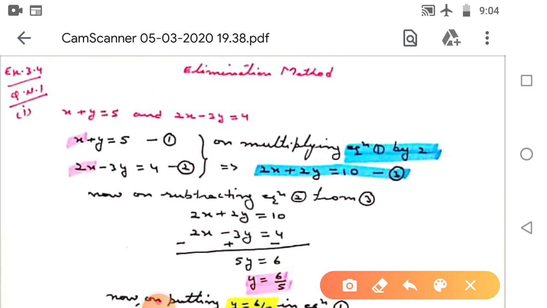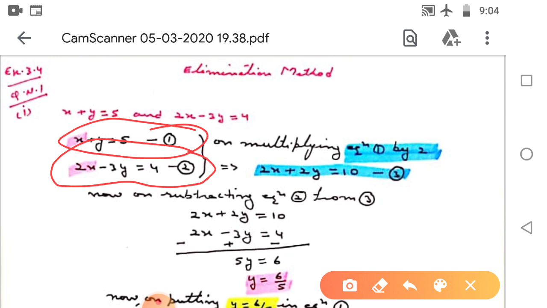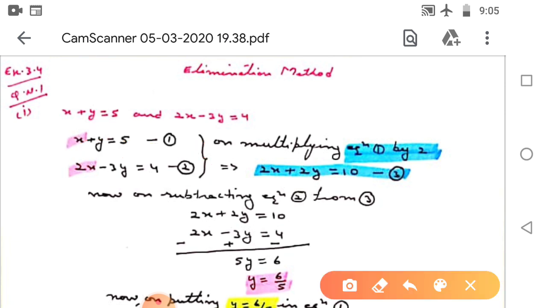So here, see the first part of question number 1, that is x plus y is equal to 5. This is our equation number 1, and 2x minus 3y is equal to 4. This is equation number 2, right? Now look at the coefficient of x.